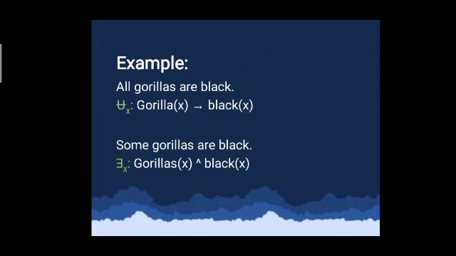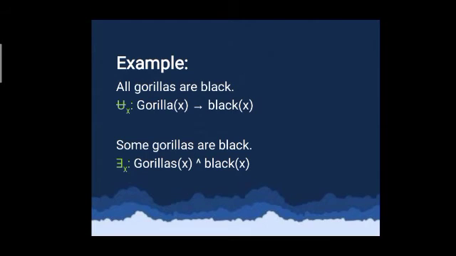In here, we use existential because of the word some. For existential X, gorillas X, we store again gorillas in X and what? And these X are black. We use conjunction here, as said earlier.